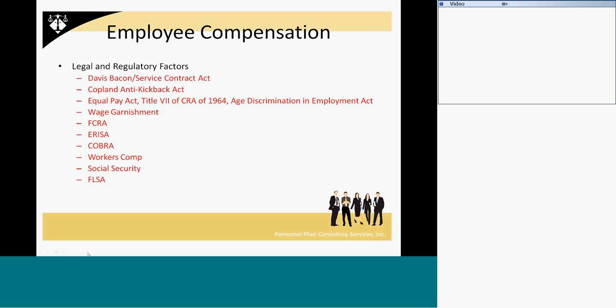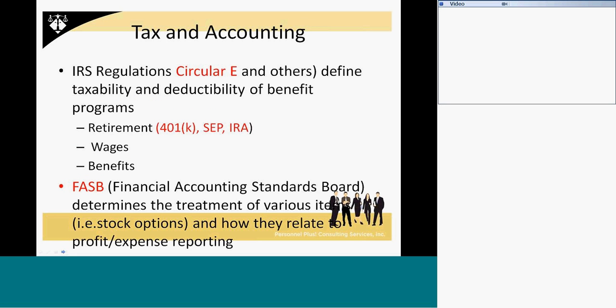So the laws that deal with employee compensation, there are also tax laws that deal with employee compensation. That has something called Circular E, and just think of E for employment, otherwise known as Publication 15, and there's really 3 parts to it: 15, 15A, and 15B.